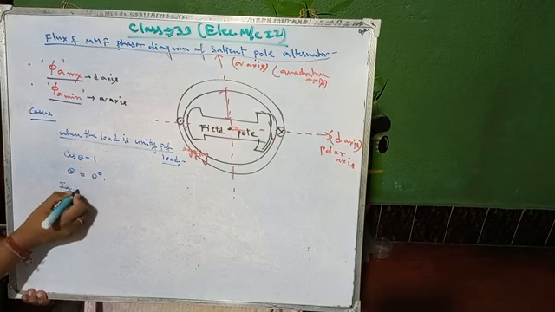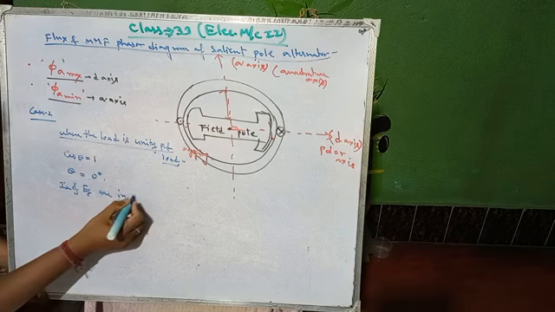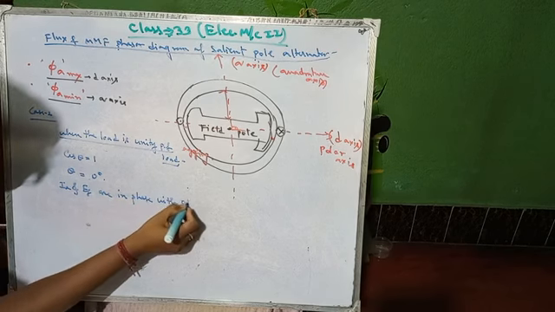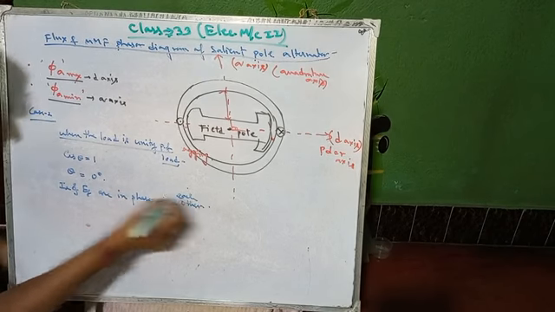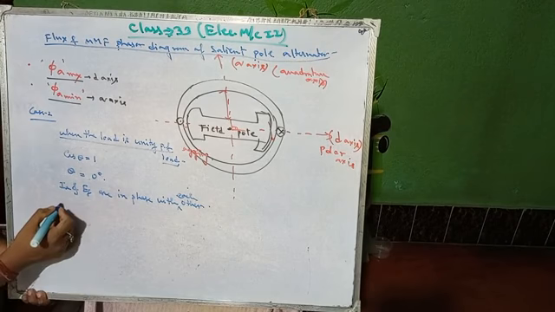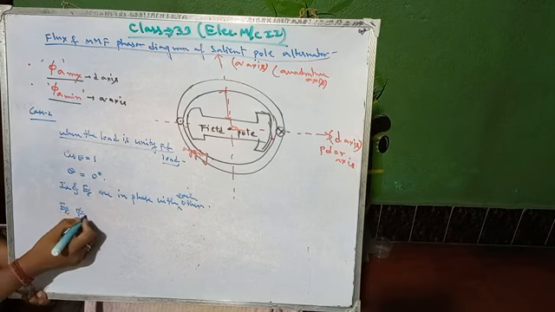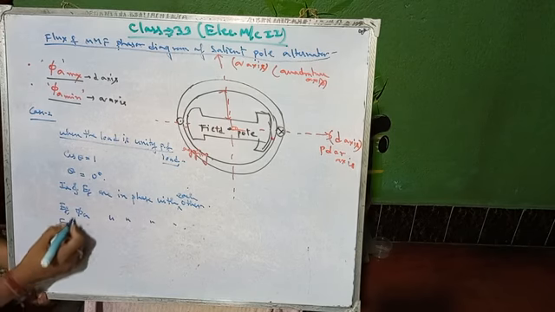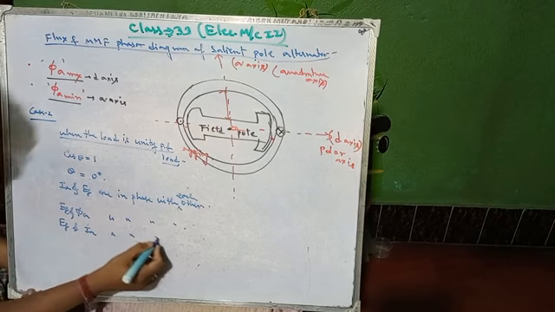That is, IA and EF are in phase with each other, and similarly EF and phi A are in phase with each other.